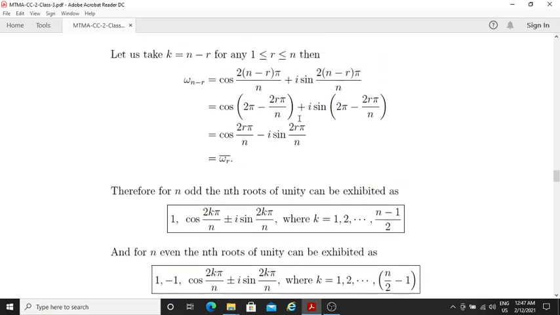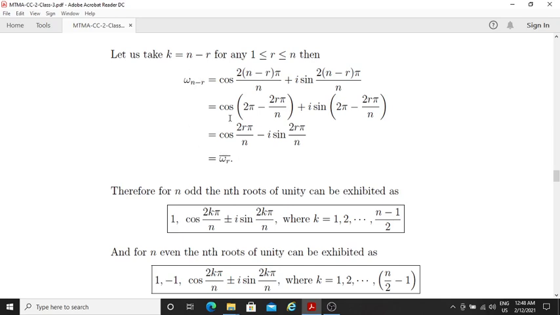Right. So that means we are actually pairing the roots. So we are pairing omega r and omega n minus r together. Omega n minus r is the conjugate of omega r. So in the reverse direction, we can also say that omega r is the conjugate of omega n minus r.